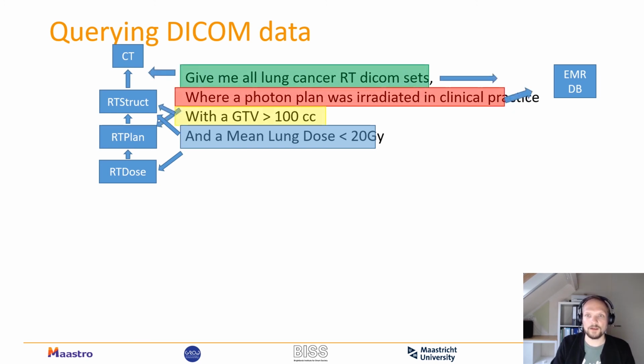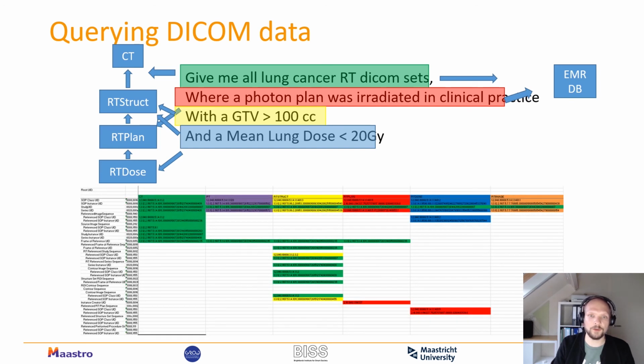So to ask all these questions, and when looking into the DICOM standard, it means that we need to do a lot of back and forth querying between all these different systems to resolve such a question, which is not a common question in clinical practice, but is a common question in clinical research.